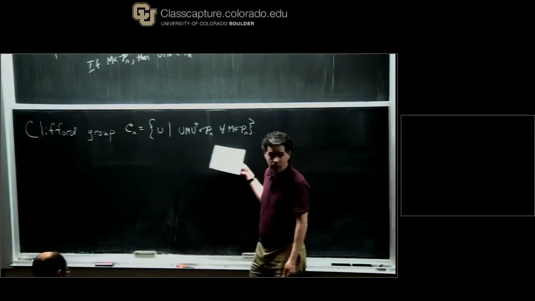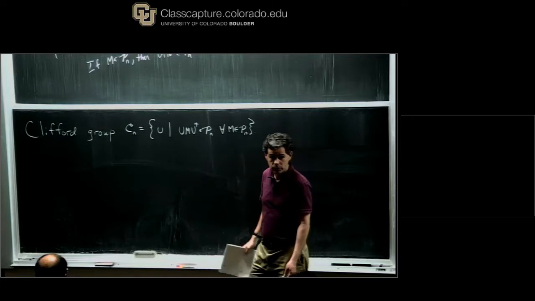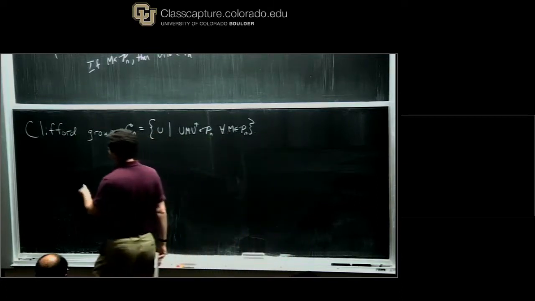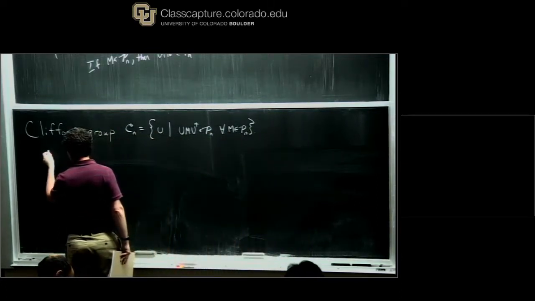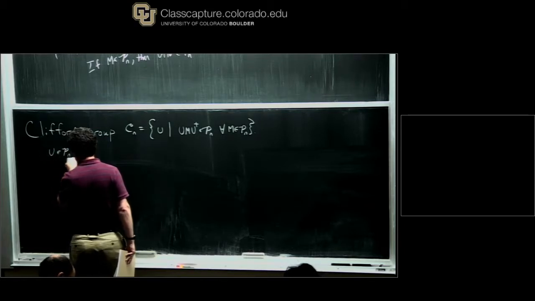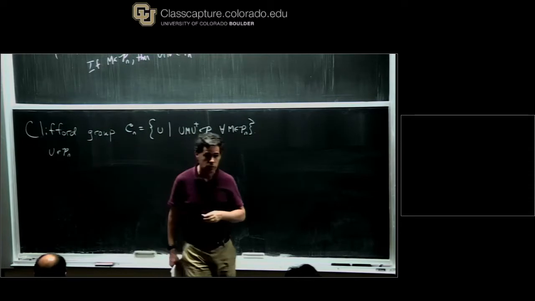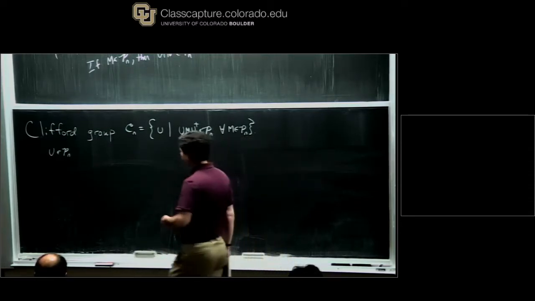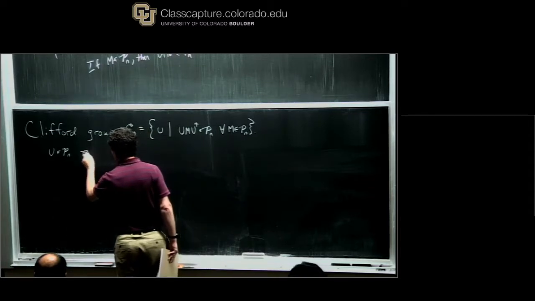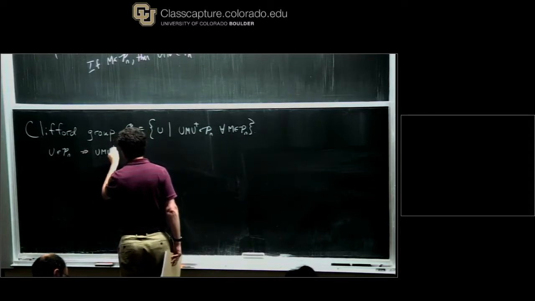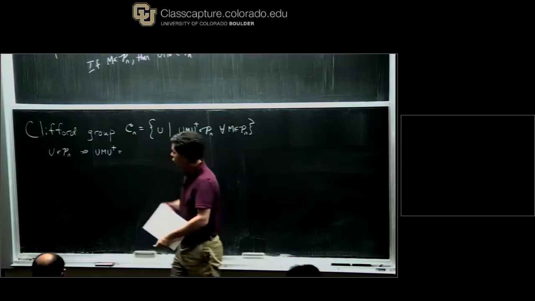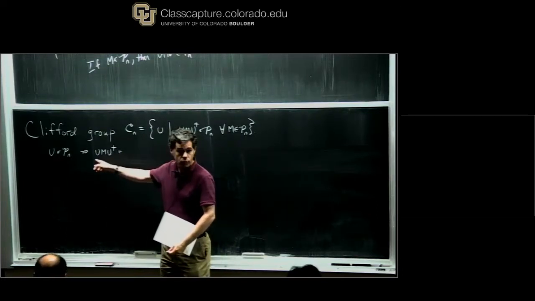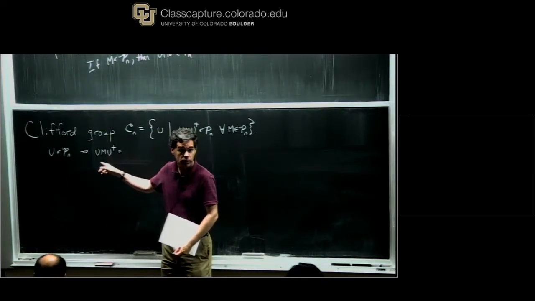Let's look at some examples of things that are in the Clifford group. So one example, of course, is elements of the Pauli group. So if we have u in Pn, and this could be the n qubit Pauli group, of course, then we know that for u m u dagger, m is in the Pauli group too, so either u commutes with it or it anti-commutes with it.